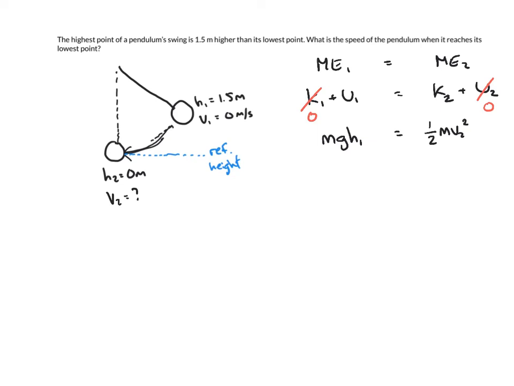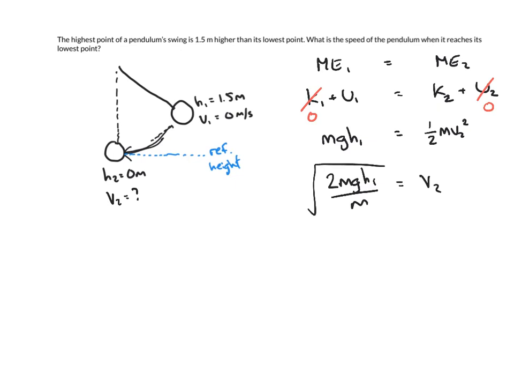That's kind of like moving the half over. I multiply both sides by 2 and divide both sides by m and square root both sides as well. Multiply by 2, divide by m, square root.